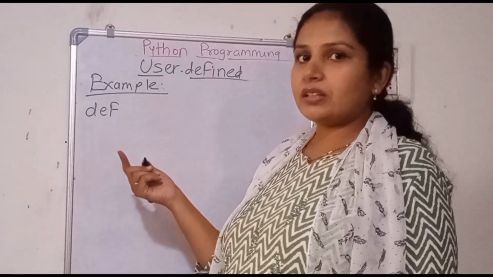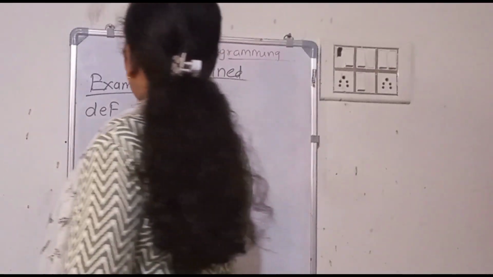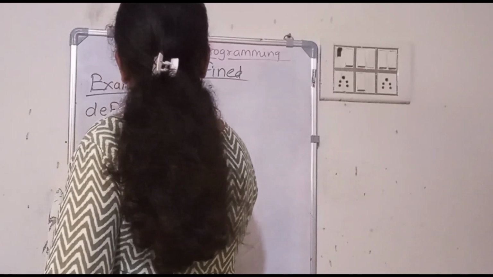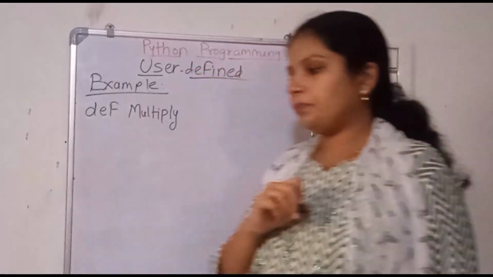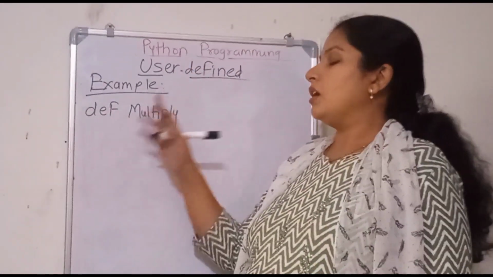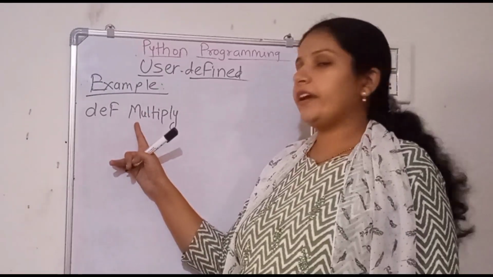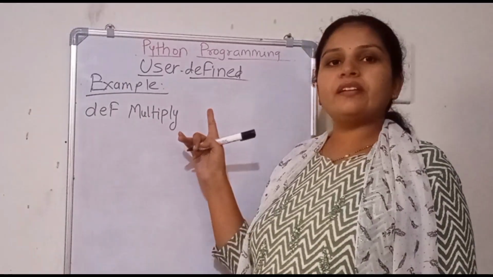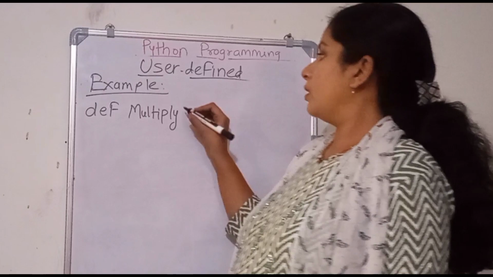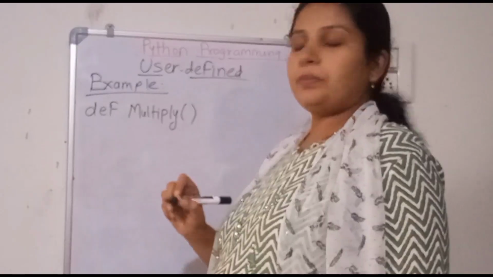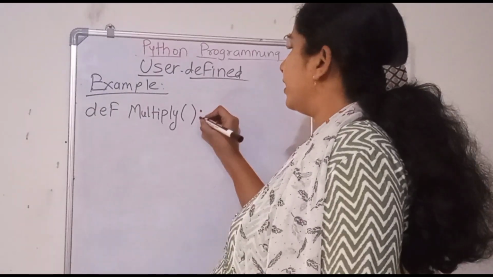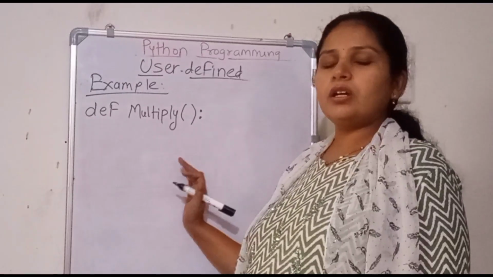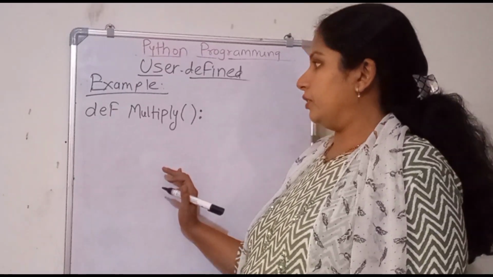That should not be a keyword. Now I am giving multiply. Multiply is my function name, right? And see carefully, the M is in uppercase and the rest of the letters are in lowercase. Bracket complete, colon. Here I am not passing any parameter or argument value, I am using values inside the function only.